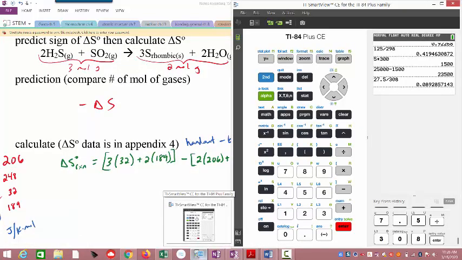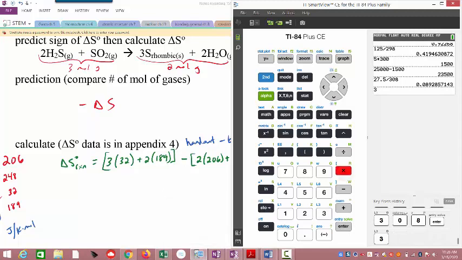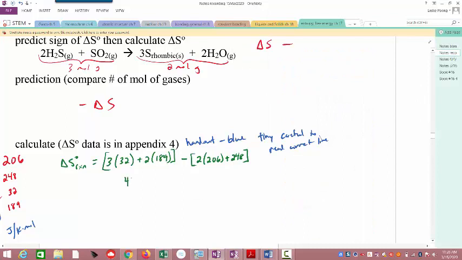So I've got 3 times 32 plus 2 times 189. And that's giving me 474. So I'm going to write that down.